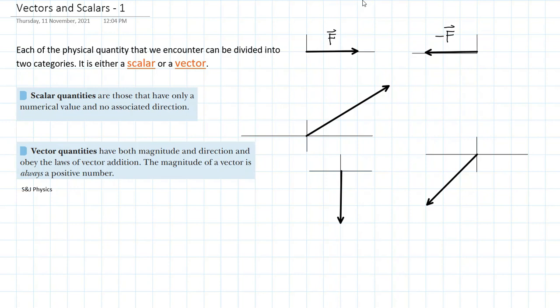Normally, we would place the vector on the xy plane of the Cartesian coordinates, x and y, so that we can specify its magnitude and direction with respect to this coordinate axis.